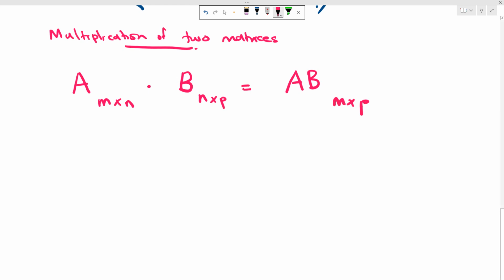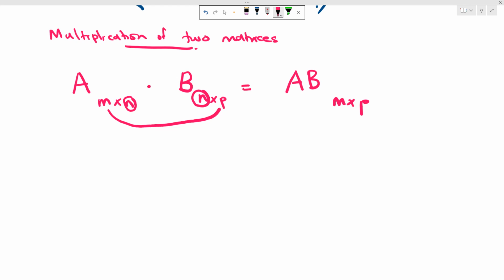Now compatible means the number of columns in the first matrix should be equal to the number of rows in the second matrix. So then the dimension of the resultant matrix will be m cross p. Now this might be confusing, but when we do questions you can easily understand.